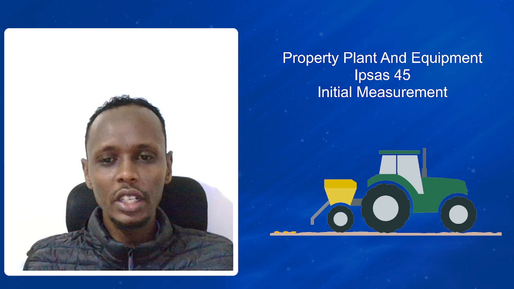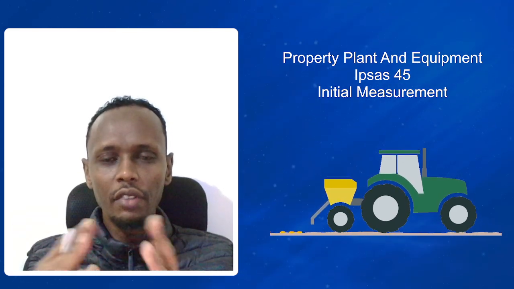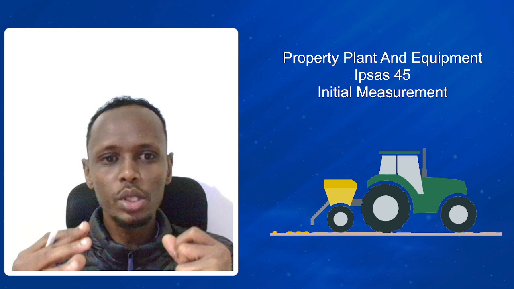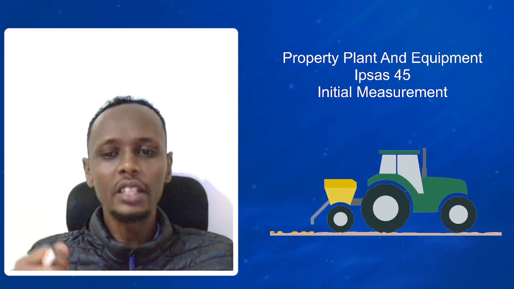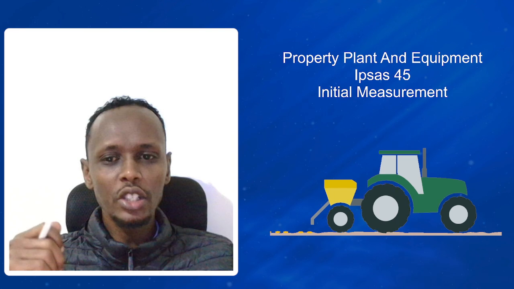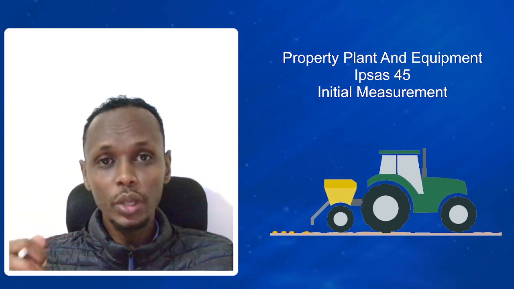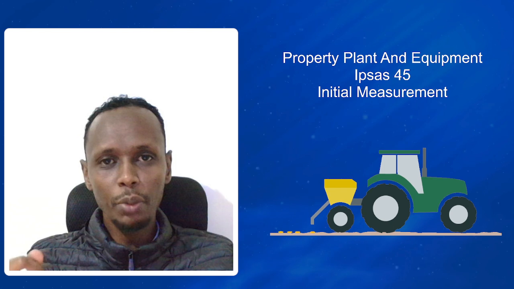Site preparation, initial delivery and handling costs, installation and assembly costs, all those form part of the directly attributable cost. Cost of testing whether the asset is functioning properly or not, and professional fees related to that asset also form part of directly attributable cost.